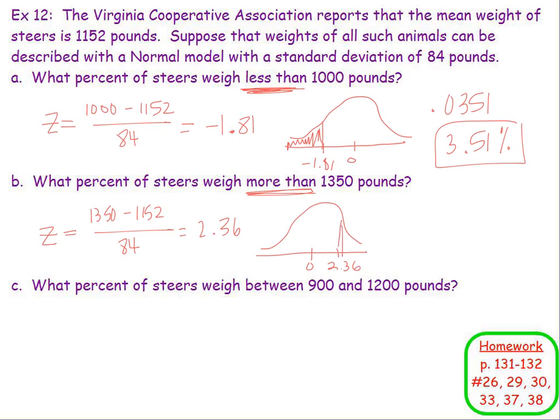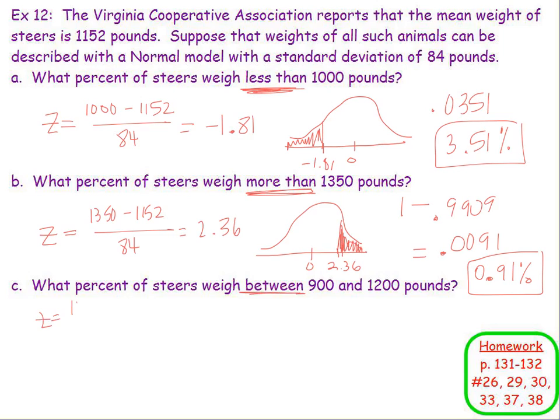More than means that we shade to the right. First, look it up on your blue sheet. That got me 0.9909. But because I'm shading to the right, I need to do 1 minus. I get 0.0091, which is 0.91%. Very tiny answer.